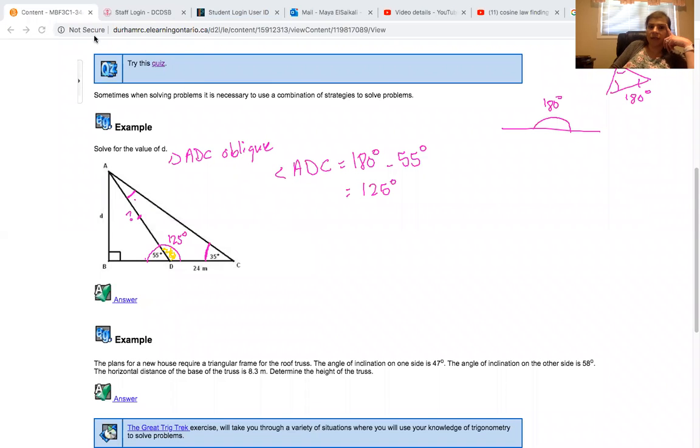Let's call it angle DAC. Angle DAC is equal to 180 minus 125 minus 35. So that's going to be 160, and then 180 minus 160, that's 20 degrees.